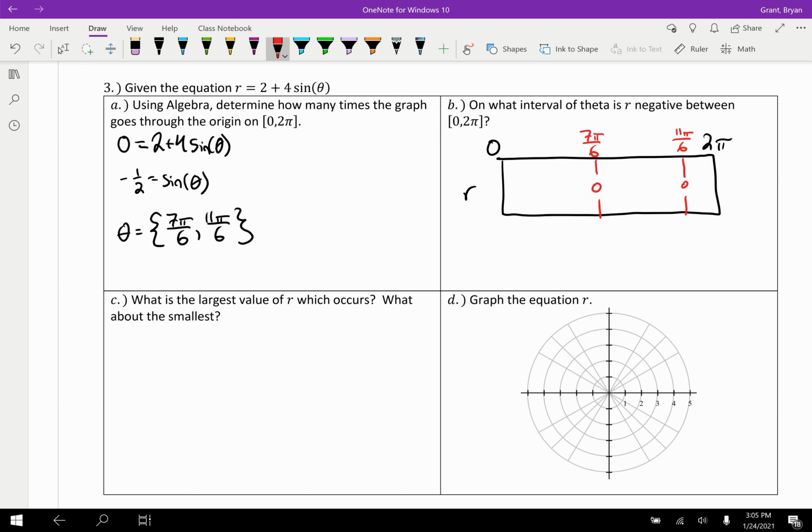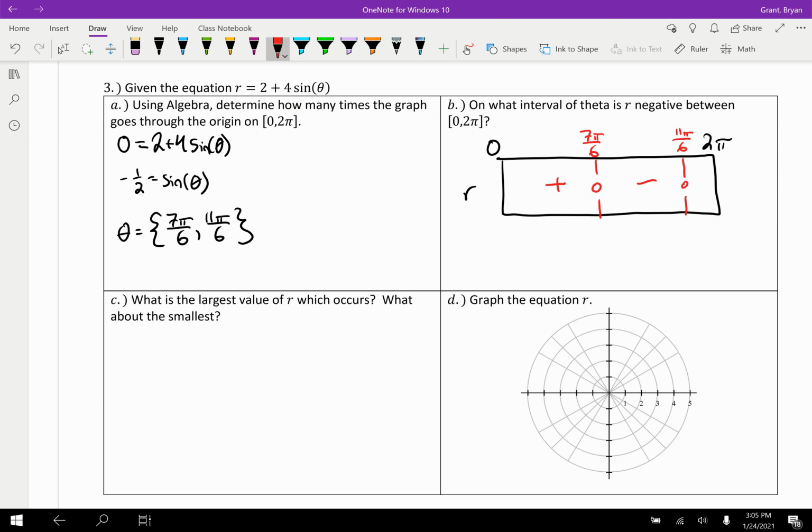I think pi is right before there. And if we substitute pi in here, sine of pi is 0, so we just are left with 2. That's positive. 7 pi over 6 to 11 pi over 6. How about 3 pi over 2? 3 pi over 2 makes sine negative 1. 2 minus 4 is negative 2.